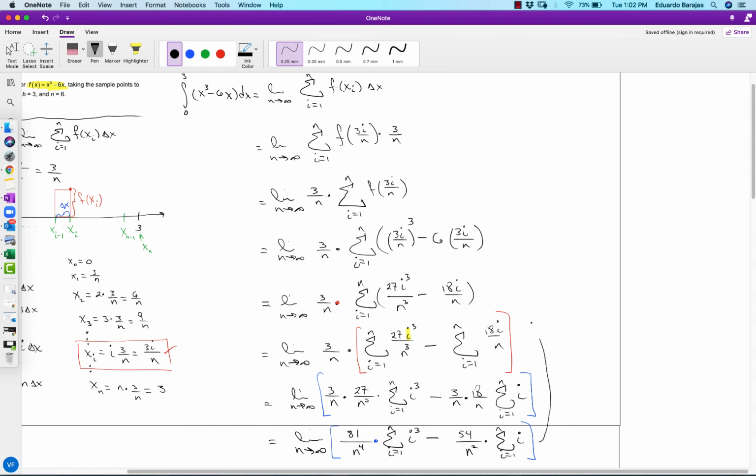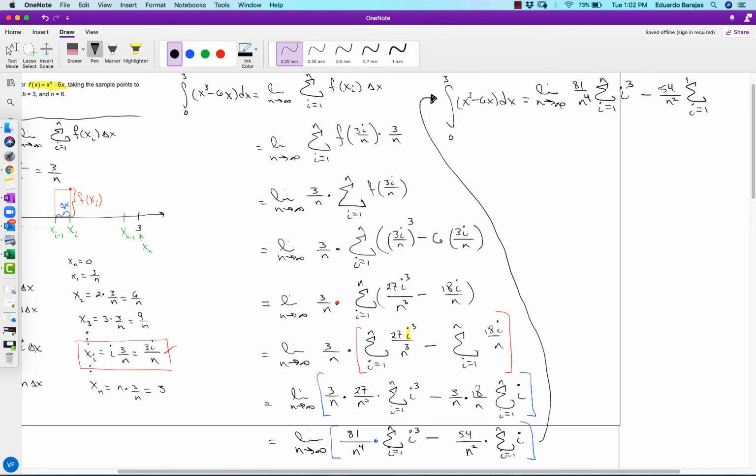And so I'm going to say again the integral from 0 to 3 of x cubed minus 6x dx is equal to, and we've established it's equal to this limit, the limit as n goes to infinity of this fraction, 81 over n to the power of 4, and then Riemann sum of i cubed as i goes from 1 to n, minus 54 over n squared, and then Riemann sum of just the i's as i goes from 1 to n of i.